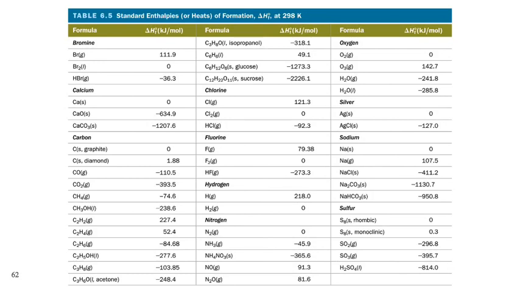A lot of the standard states you can kind of predict by just looking at the periodic table, but you can also just look at the table, and anything that has an enthalpy of formation of 0, you know that's the standard state. Carbon can be in the form of graphite or in the form of diamond, and graphite is the standard state.